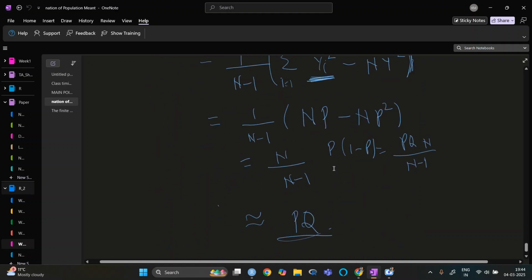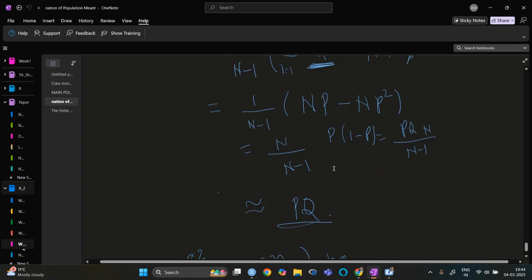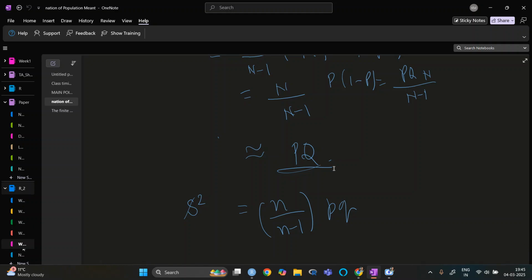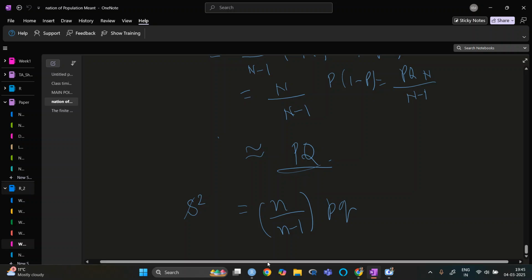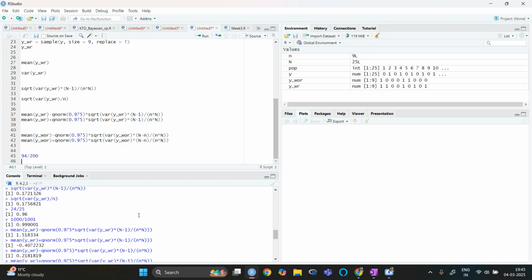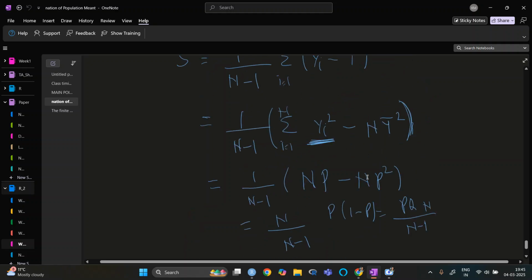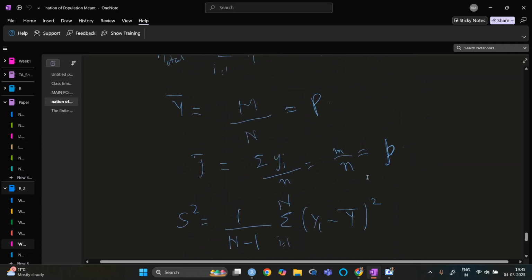Again, the finite population correction, until and unless it is asked, we will not be doing it, because it is almost the same. Like if your n is increasing, we have seen that when it is 24 by 25, it is also very close to 1, right? So if it is not required, then we do not need to do it.